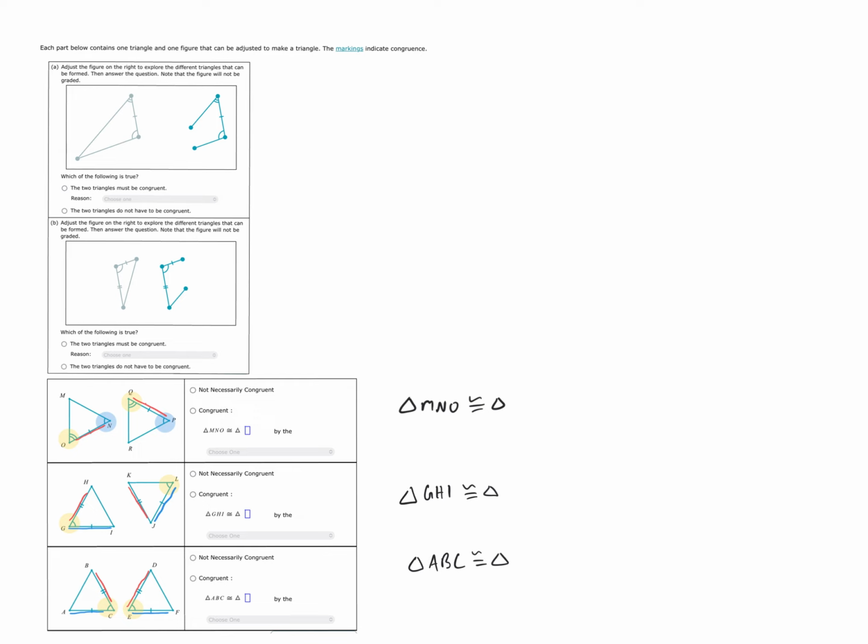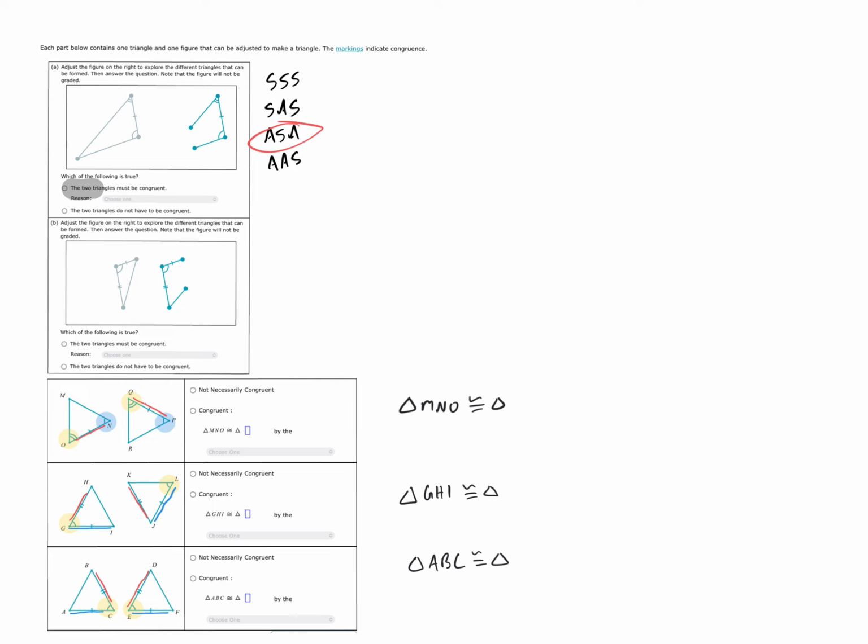If the only triangle you can make matches this one, then you would say the two triangles have to be congruent, and then you would pick from those four options: side, side, side, side, angle, side, angle, side, angle, or angle, angle, side. In this case, since we have an angle, a side, and an angle, we would pick angle, side, angle.